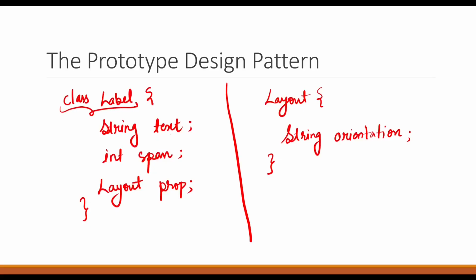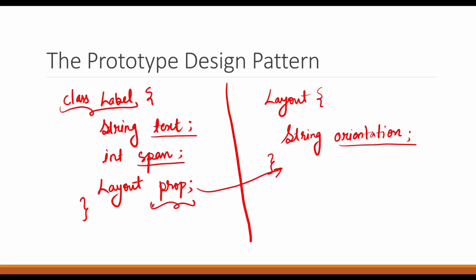Label is a class which has a text property and a span property, which is like the width of how much width the label is going to take in the UI view. And then there is something called layout prop. This is like a complex object, so I have taken it out and created a separate object out of it. I'm calling it a layout, and this is going to have an orientation. Orientation can be of two values, the vertical or the horizontal. All right, so this is what our label is.